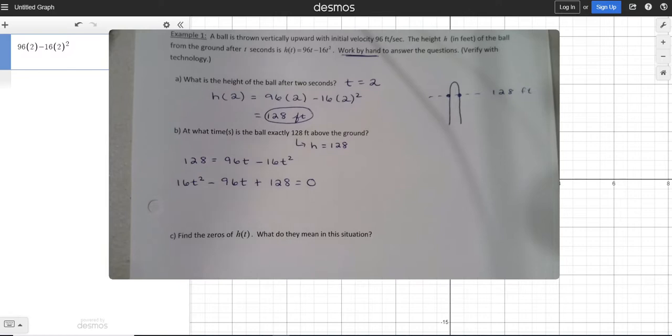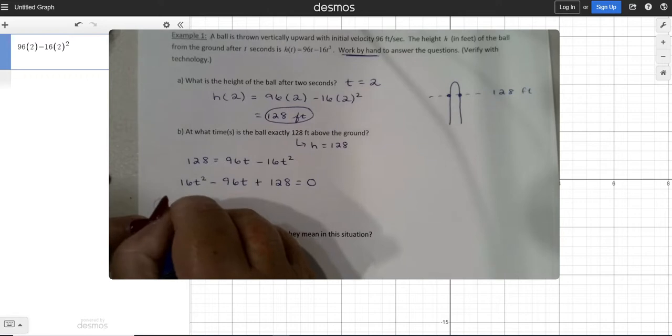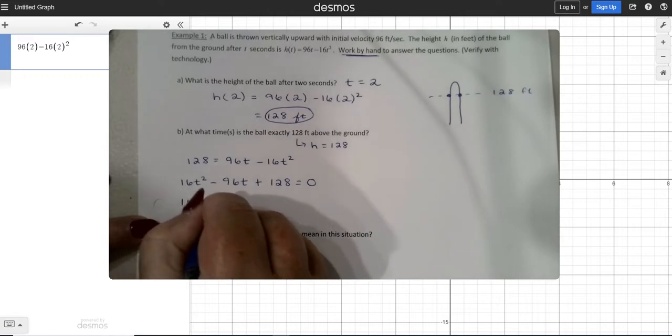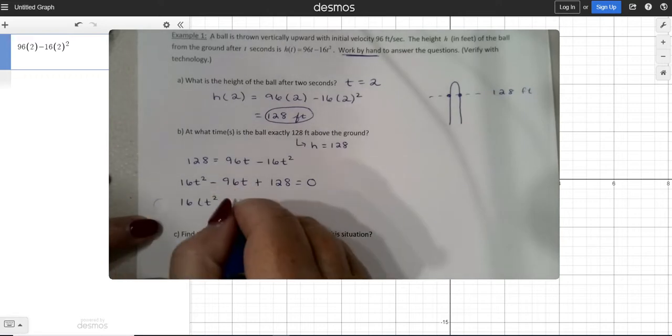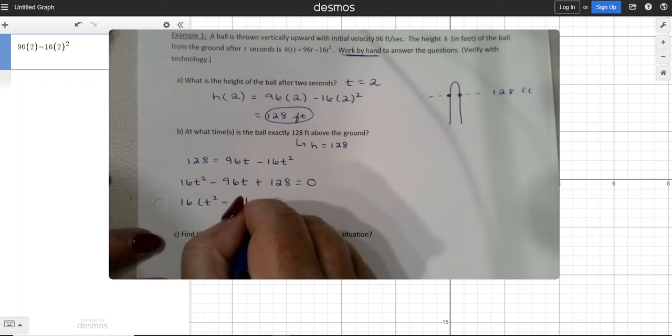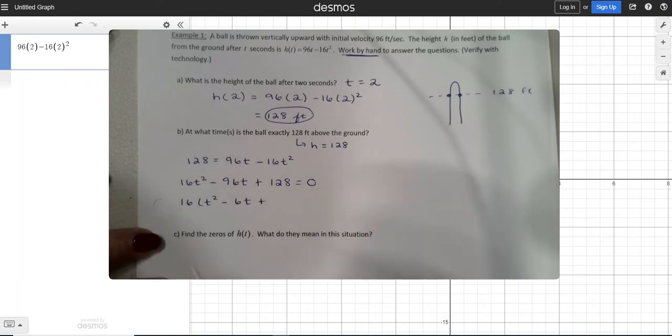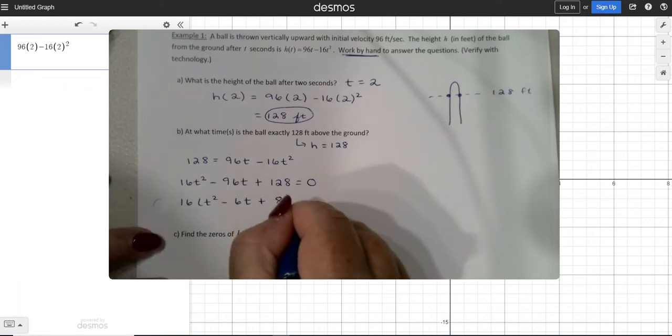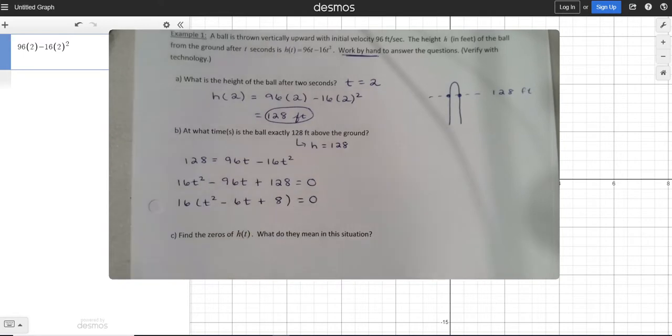All right, in this case, I think these were actually kind of designed so that that 16 can be factored out. 96 divided by 16 is 6. And 128 divided by 16 is 8. So that was a setup, I think.